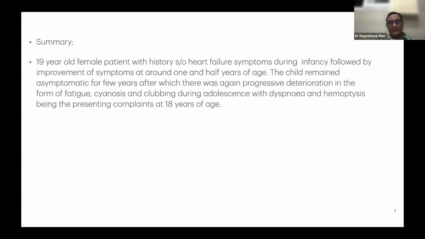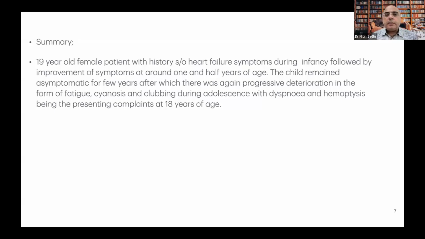Yeah, the history is very interesting. There is a history of heart failure, then an asymptomatic stage, and then becoming symptomatic in the form of different symptomatology. So, what is the natural history suggestive of?